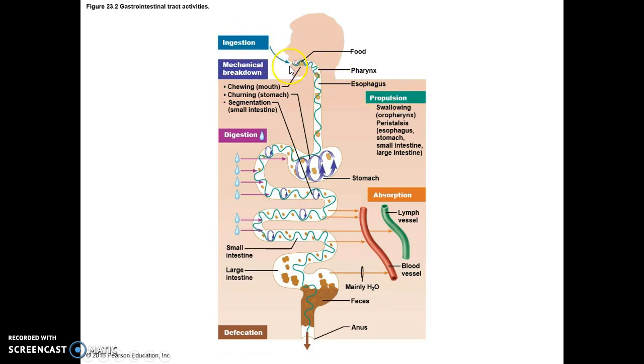Ingestion. Here we have the mechanical breakdown of the foodstuff, mastication, chewing, then in the pharynx, and then once we get down into the esophagus here, the upper 1/3 of the esophagus is formed by skeletal muscle, so that's voluntary control. The lower 2/3 of the esophagus is formed by smooth muscle, in which the propulsion of the food bolus is due to peristaltic contractions that enables the food to be brought down into the stomach.